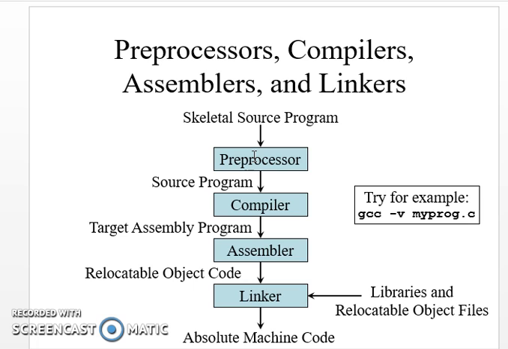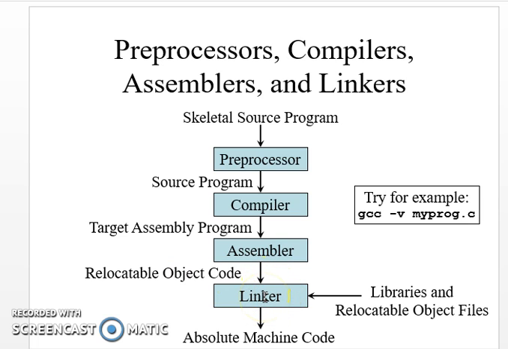That target program may be an assembly language program. That assembly language program is given as the input to the assembler, and then it produces the relocatable object code. Relocatable means it is an object code, but it contains some relocatable references in our code, and those relocatable addresses are resolved by the linker.